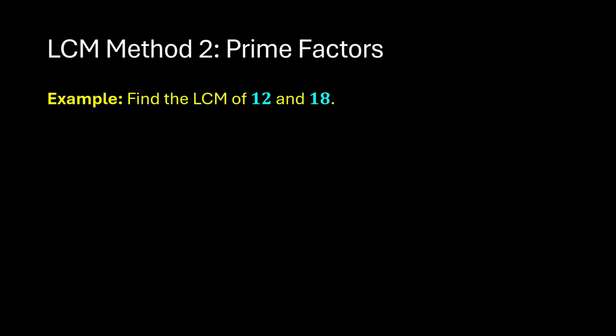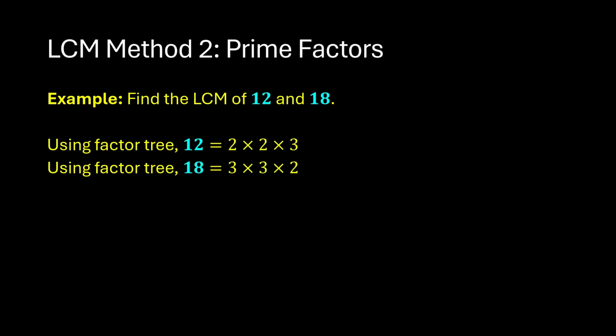Let's now find the lowest common multiple of 12 and 18 using the prime factor method. So using the factor tree, we found that 12 equals 2 times 2 times 3, and that 18 equals 3 times 3 times 2.